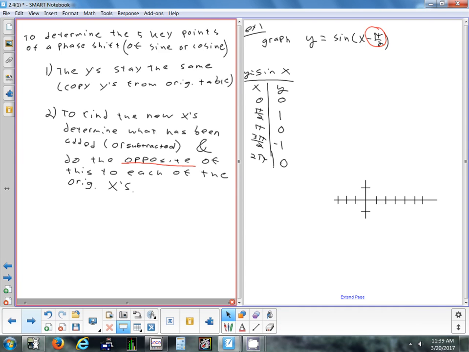All right, so let's see if we can actually do this problem. The first thing you'd have to do if you don't know it is look up your original table for sine. I don't need the cosine table in this problem, just the sine table. Does everybody have what's on the left?